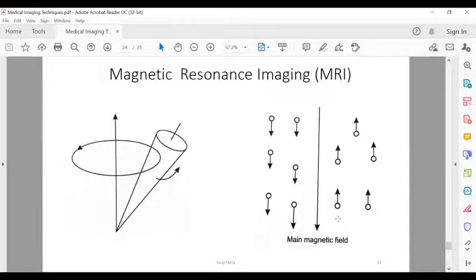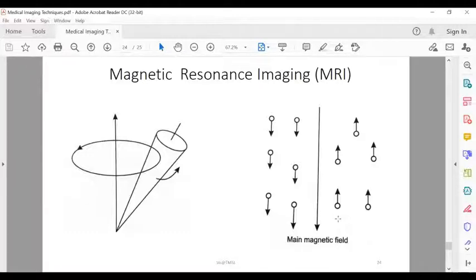Now if the pulse is switched off, the hydrogen nuclei go back to their low energy state after emitting the energy they had received. All this process is known as nuclear magnetic resonance.